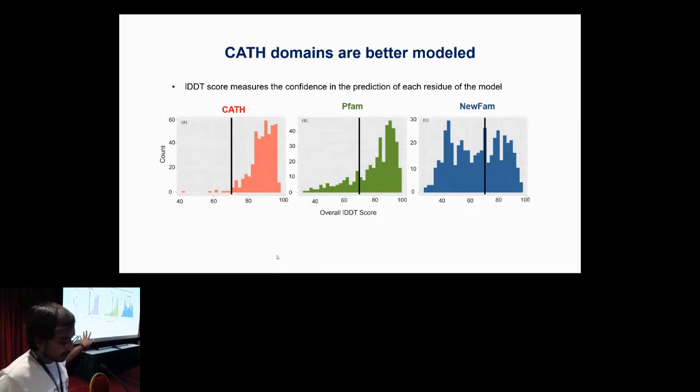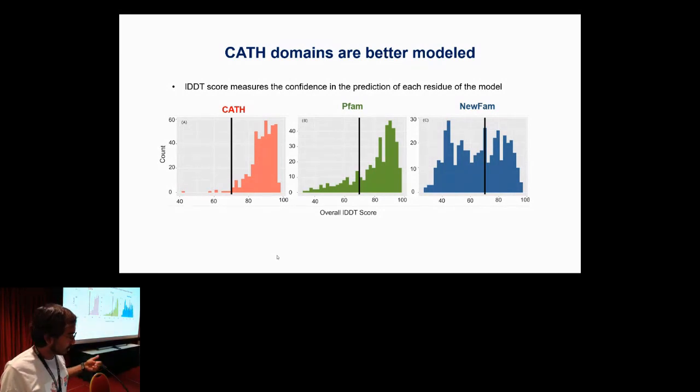We see much over 95% of the CATH domains were well modeled, around 80% of the Pfam domains were well modeled, while less than 50% of the NewFAM domains were well modeled. So we wanted to check what could be the reason behind this.